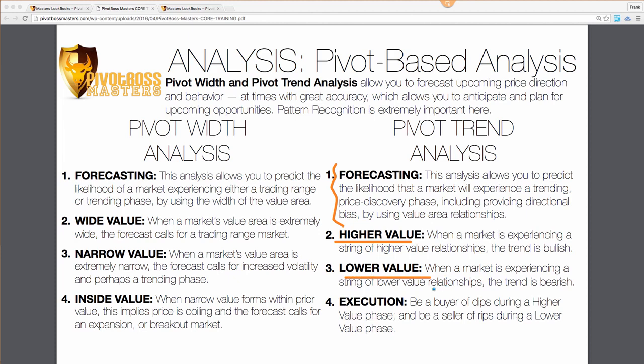So not only are you able to forecast whether it's going to be a trending environment, but also direction as well, because value is giving you the tell. Now again, execution for this is just be a buyer during the dips of a higher value phase and be a seller of the rips during a lower value phase.